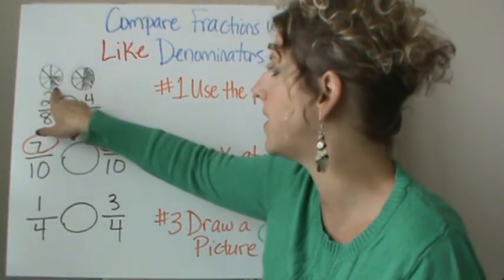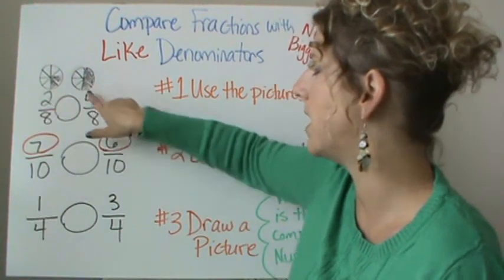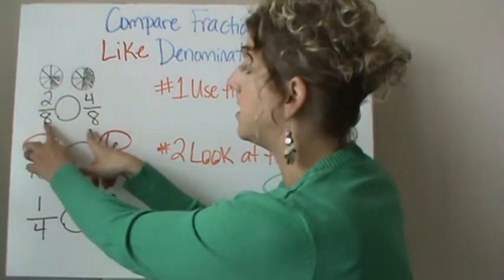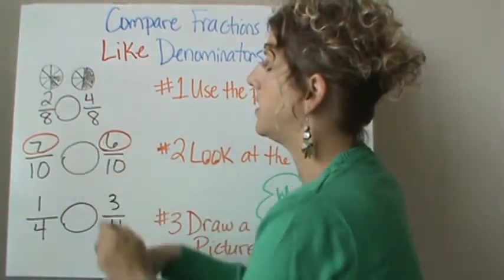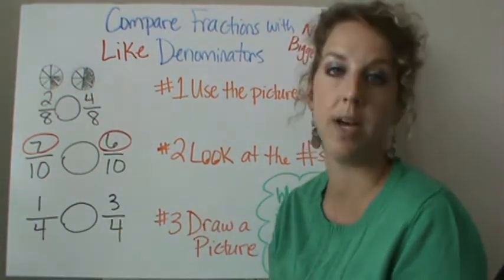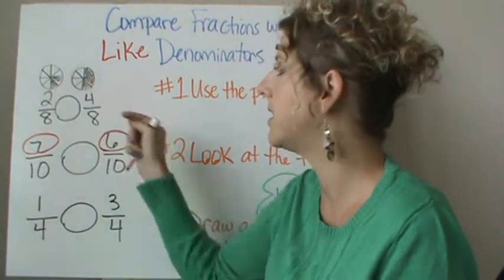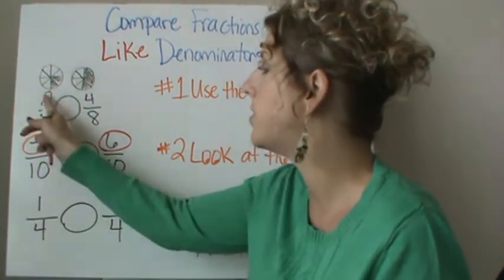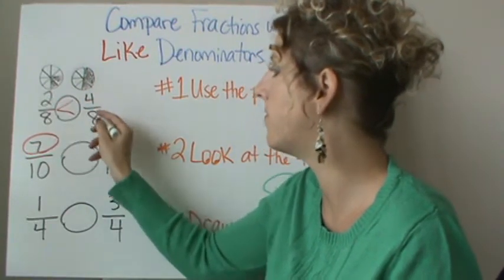You can see here that 2/8 are colored in and 4/8 are colored in. Again, the denominators, the numbers downstairs, are alike. They're the same. So now you're just going to use the picture. Which one looks bigger? Well, 2/8 looks smaller and 4/8 looks bigger. So we're going to say 2/8 is less than 4/8.